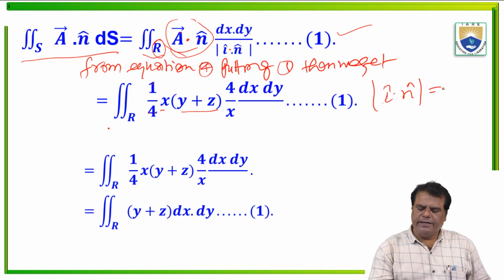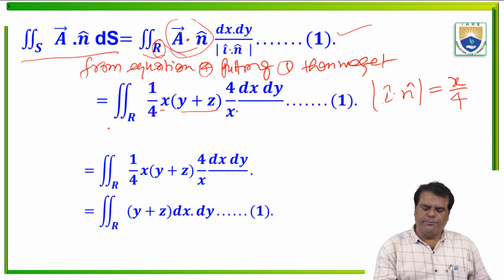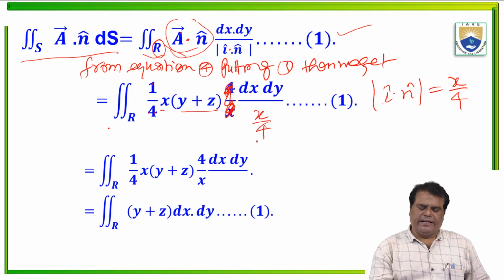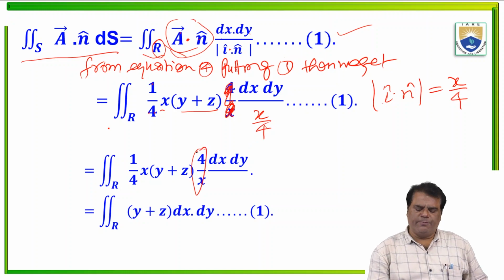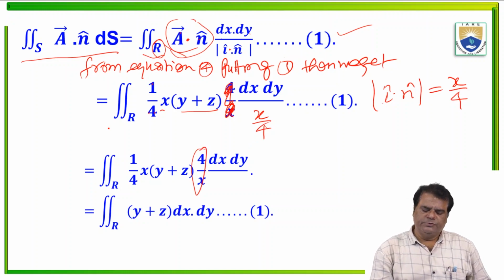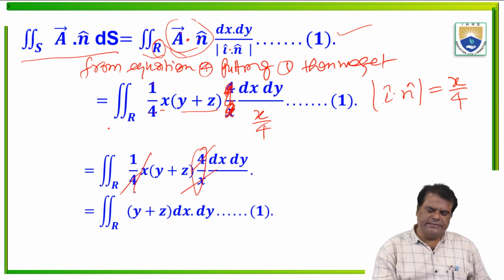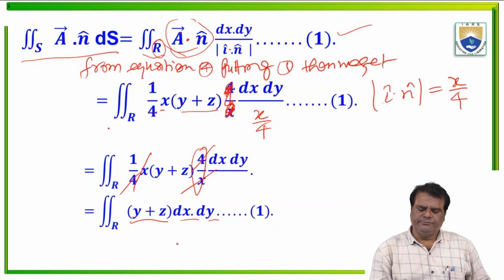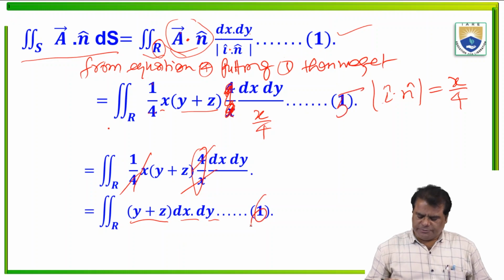This value is x by 4. So here putting x by 4, this is canceled, converting to 4 upon x. So I am writing here 4 upon x dx dy. So 4 is cancelled and x is cancelled. We get here y plus z dx dy. Okay. This equation is 5 and this is 6.